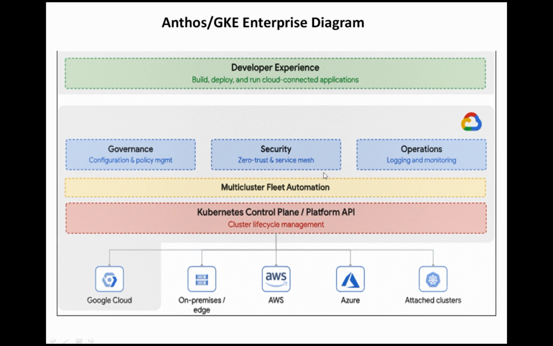Another component of Anthos which you see in this diagram is operations. Once all these microservices are running in the multiple Kubernetes clusters which are part of this fleet, you may need to start worrying about the logs which each of these microservices produces, how we can monitor them, and, if there are failures during microservice communication, how we can identify which microservice failed.